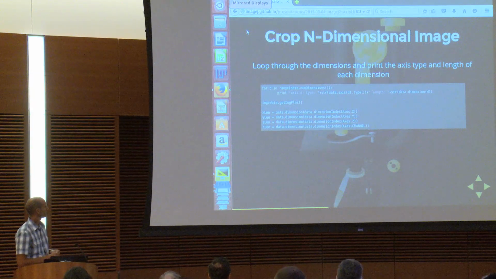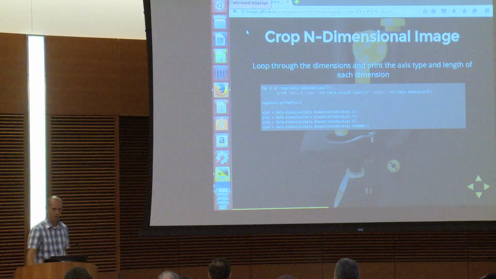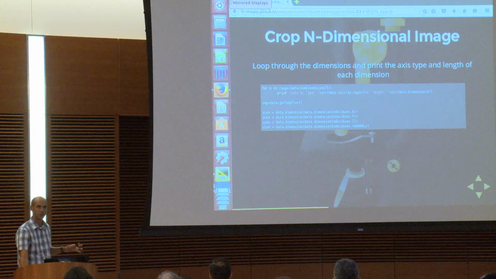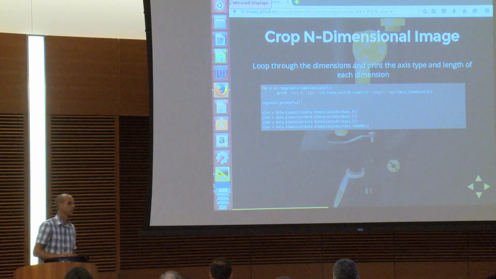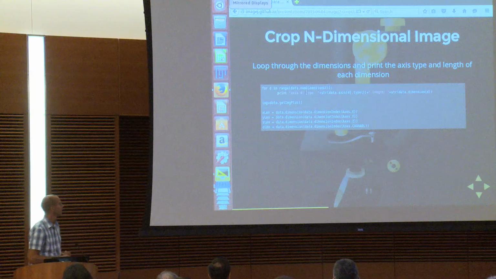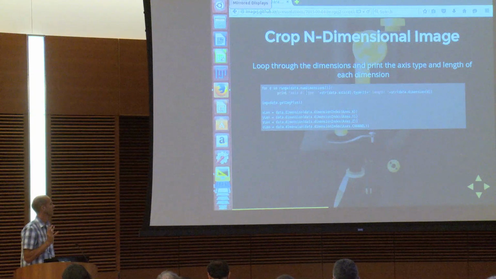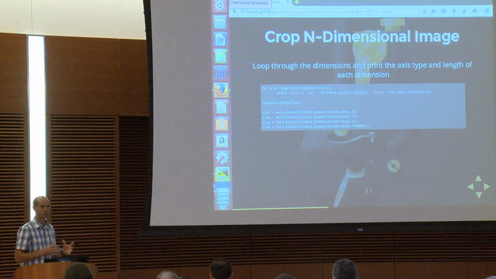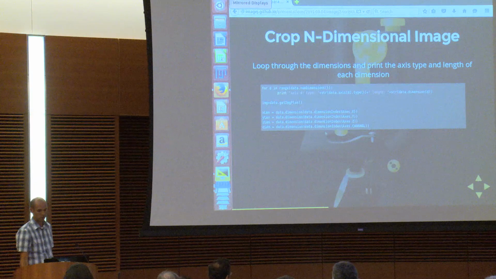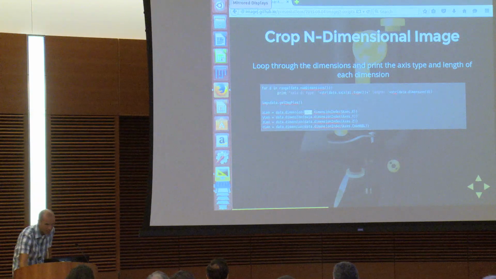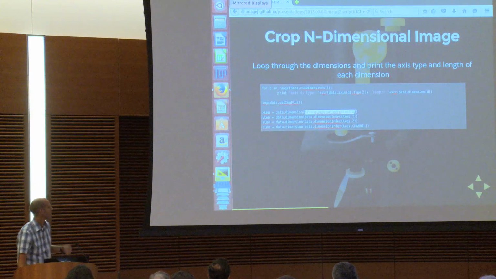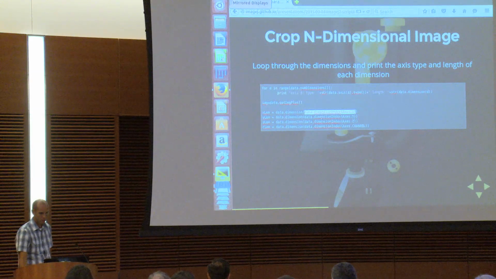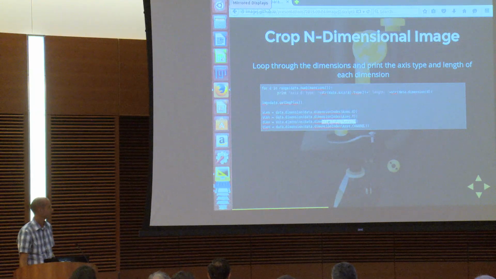The data model has some nice utilities to retrieve axes information by name. This allows us to write code in a way that should work on any kind of data set, even if the dimensions are mixed up. So this little piece I'm highlighting here is telling us the index of the x dimension, the index of the z dimension, the index of the channel dimension.